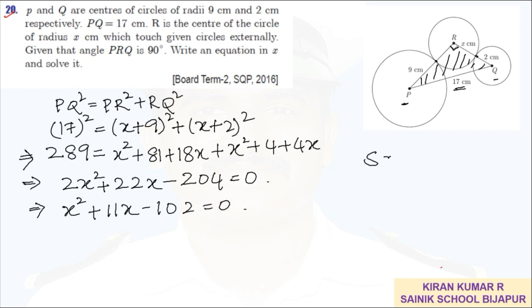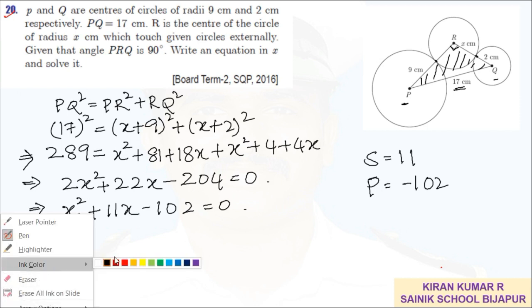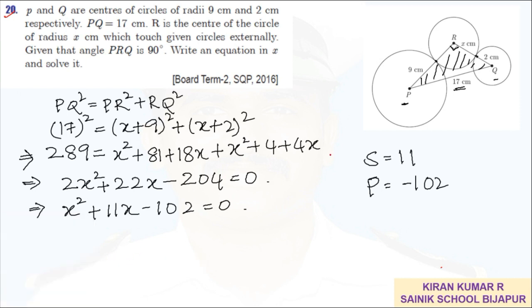Now the sum you have to get as positive 11 and the product you have to get as negative 102. Which two numbers will give the product and the sum as minus 102 and 11? Let me divide and check it. Let me not take a chance.